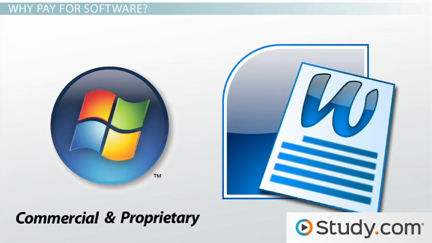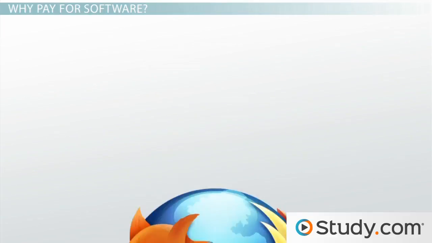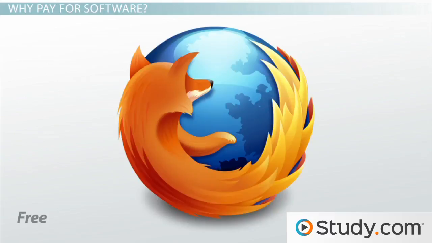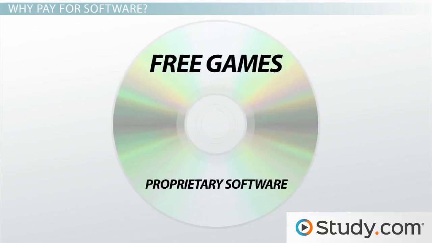You also have iTunes installed to manage your music, which is both free and proprietary. Your web browser is Mozilla Firefox, which is free and open source software. Next time you install some new software, read the license to see what type of software you are really using. And remember, just because some software is free does not mean it is also open source.